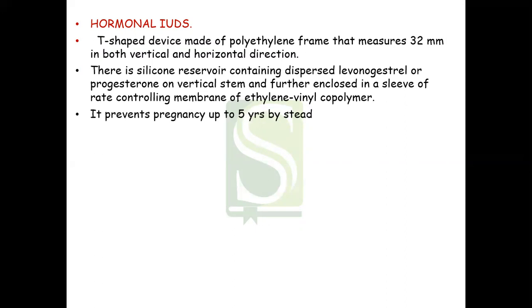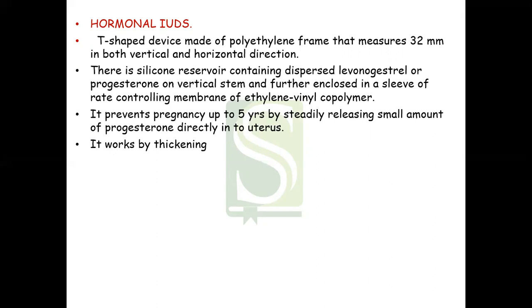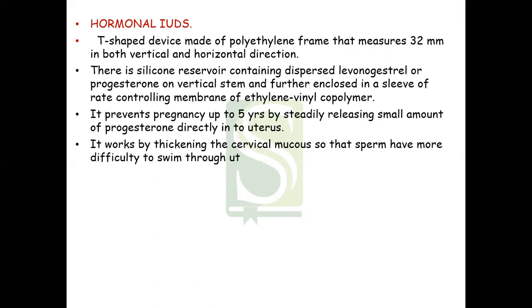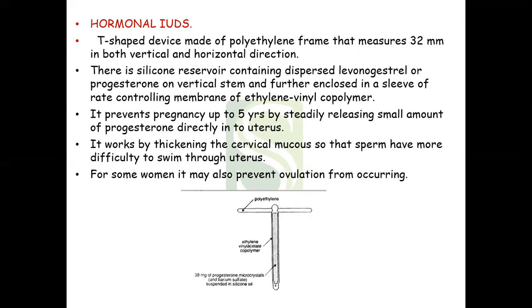It prevents pregnancy for up to 5 years by steadily releasing a small amount of progesterone directly into the uterus. It works by thickening the cervical mucus so that sperm have more difficulty swimming through the uterus. For some women, it may also prevent ovulation from occurring.